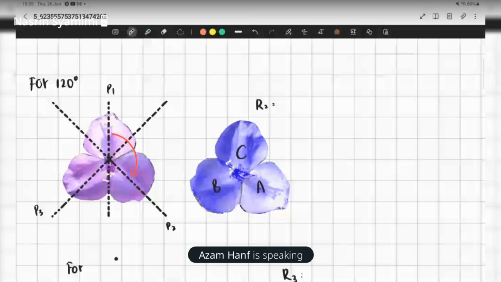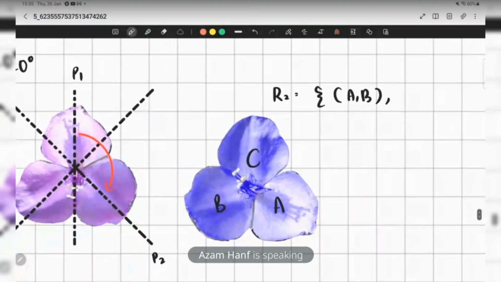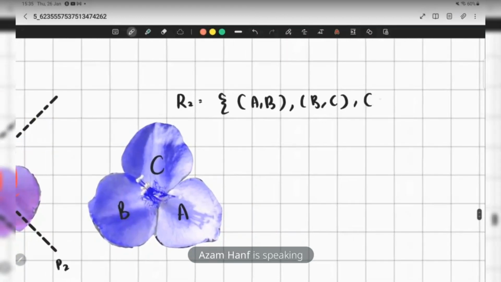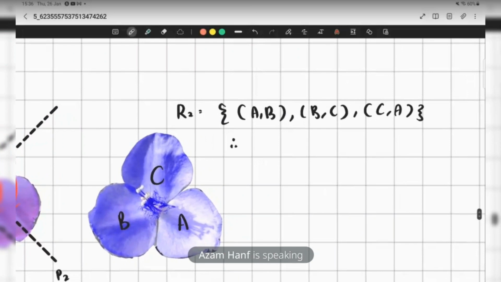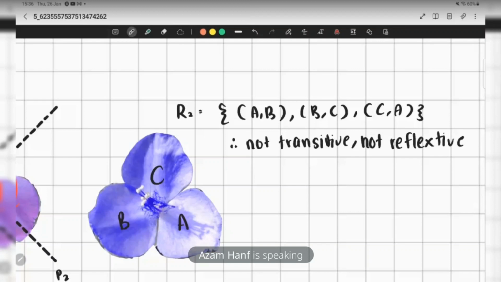Now when we do the line, the relation will be A meets B, B meets C, and C meets A. Since no petal meets its own petal, the relation is not reflexive, it is symmetric, and not transitive.